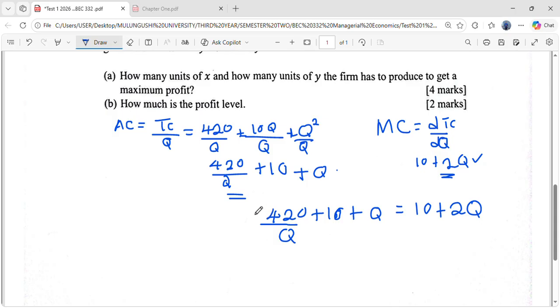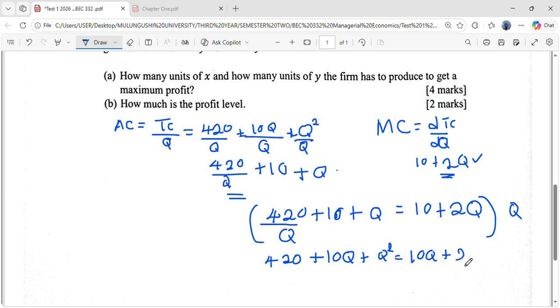For us to remove the Q from the denominator of 420, we multiply the whole expression by Q. So we remain with 420 plus 10Q plus Q squared is equal to 10Q plus 2Q squared.